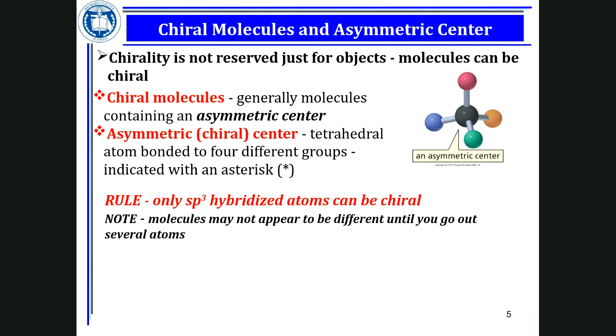The condition for your carbon to be chiral is that it must be sp3. It must be an sp3 carbon, which means you must have 4 bonds, and those 4 bonds must be different. So there must be 4 different groups attached to the carbon for your carbon to be chiral.